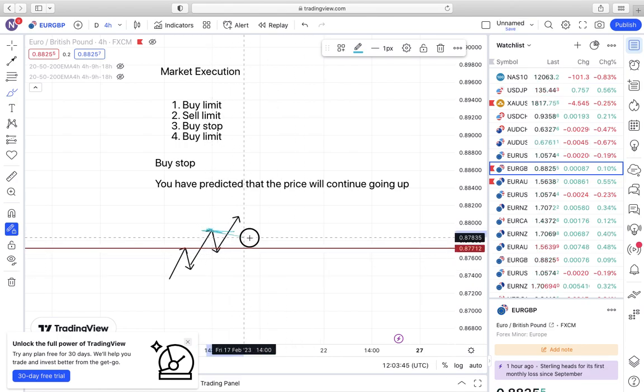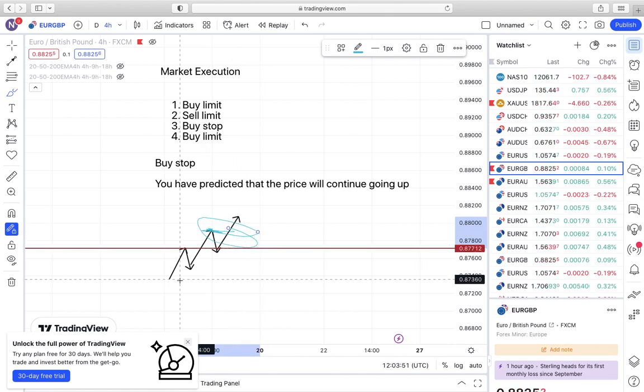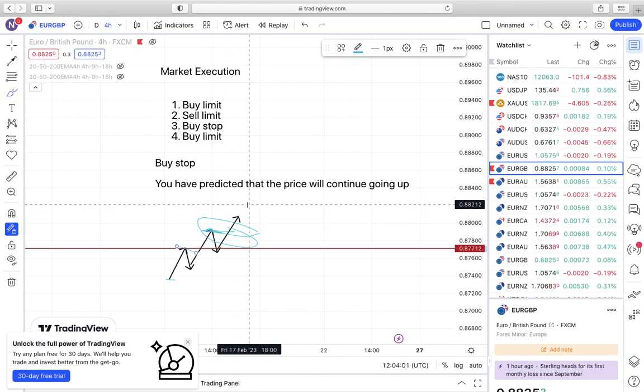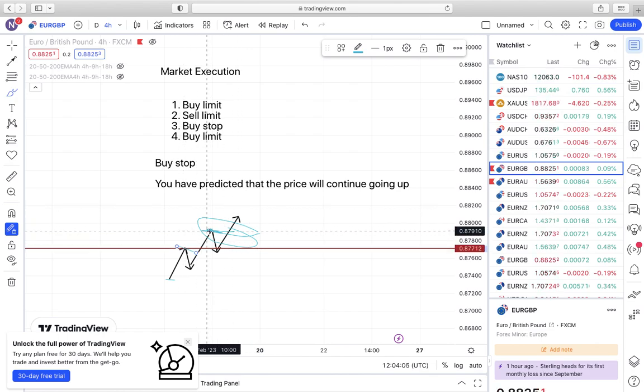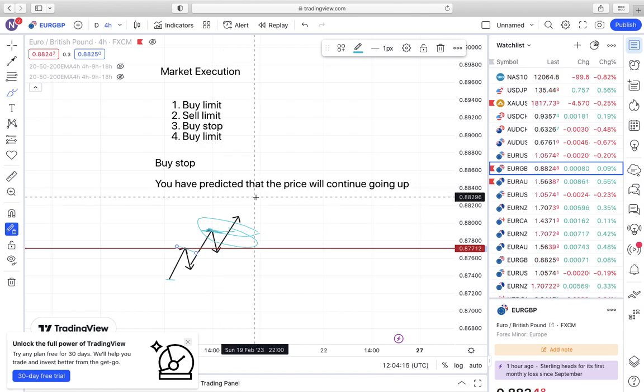When you set a buy stop at this given place, let me say the price was here or here, and you predict that when the price reaches here, it will still move upwards up to a given place. Now you put a buy stop here, and when the price reaches here, your trade will be activated and will be in profit up to the place where you have set your take profit.